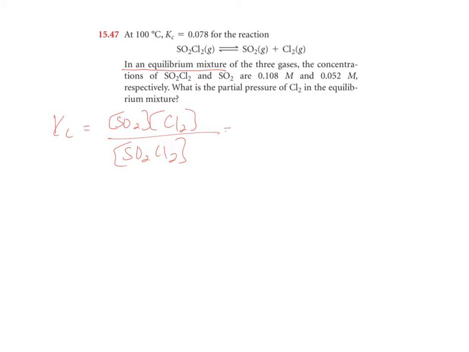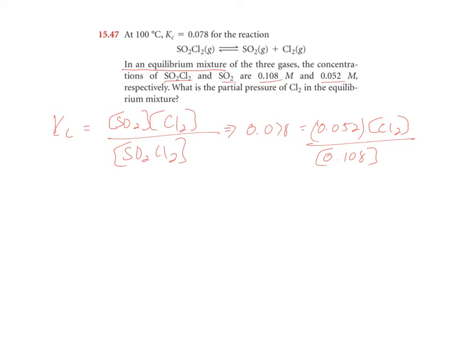Now if I substitute, K sub C is 0.078, SO2, respectively, remember this one goes here, this one here, is going to be 0.052 molar. We don't know the concentration of Cl2, that's what they're asking for, or almost, and SO2Cl2 is 0.108.